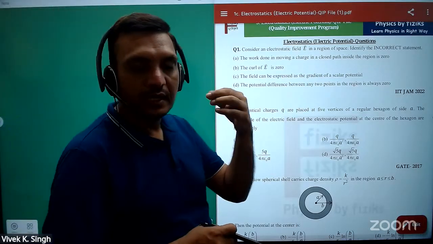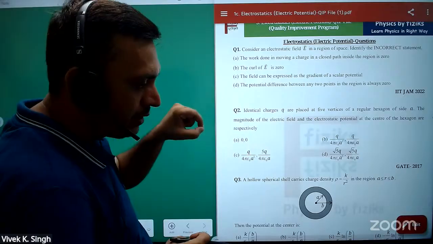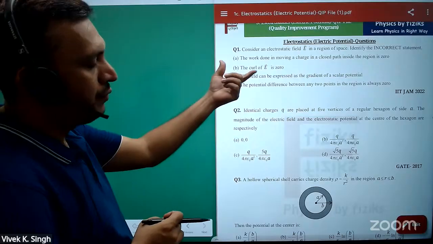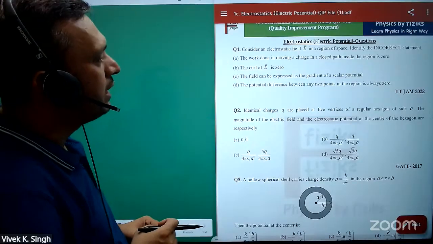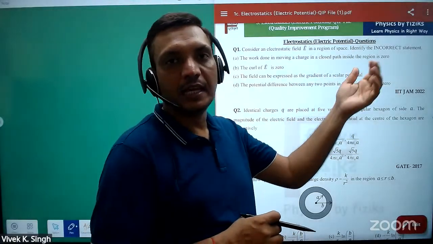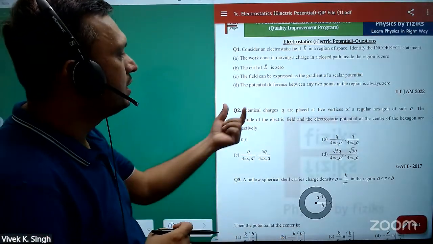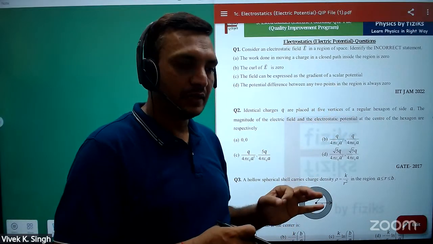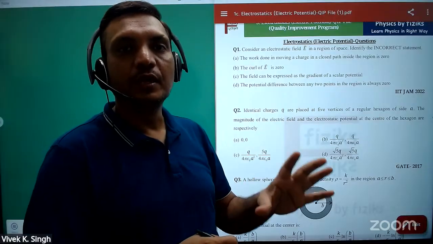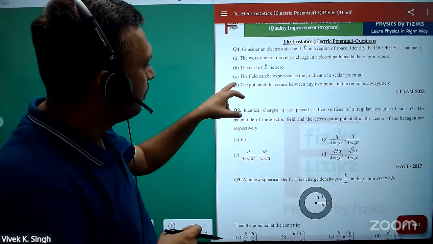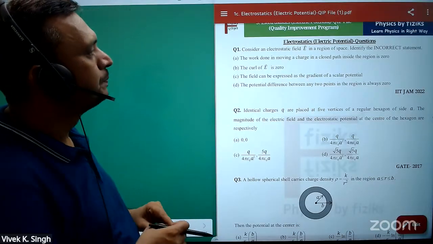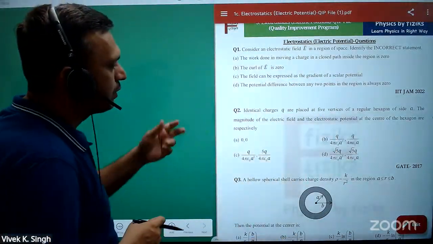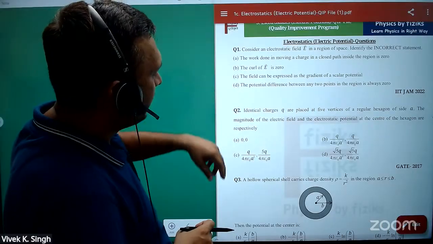Yes, because it is conservative in nature; in a closed path, when you return to the same point, potential will be the same. The curl of E is 0. Correct. The field can be expressed as a gradient of some scalar. And the potential difference between any 2 points in the region is always 0. No, this is incorrect. Whenever there is an electric field, there will be a potential difference. So option D is incorrect. Clear? Sometimes questions may be asked based on statements, so if you know the result, you can easily identify.